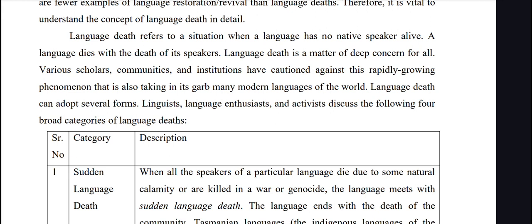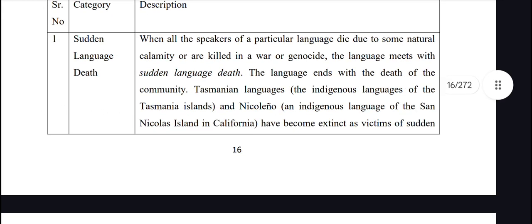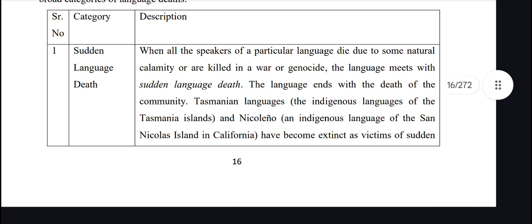Linguists discuss the following four broad categories of language death, and each category describes certain languages.